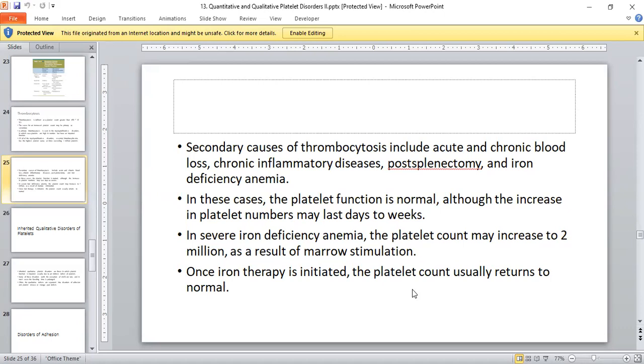In severe iron deficiency anemia, the platelet count may increase up to 2 million due to marrow stimulation. Because of the reduction in the formation of red blood cells, the bone marrow shifts to the formation of other kinds of cells like platelets. That can lead to formation of more platelets than is actually needed, leading to thrombocytosis.